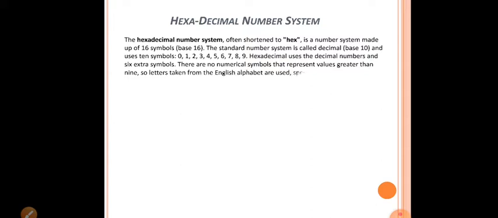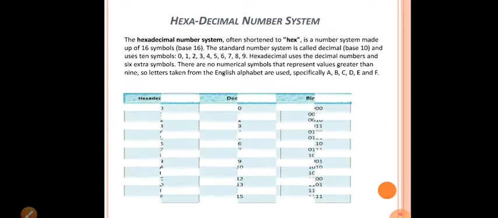So we took letters from the English alphabet, used specifically as capital A, B, C, D, E and F, which represent A as 10, B as 11, C as 12, D as 13, E as 14 and F as 15.